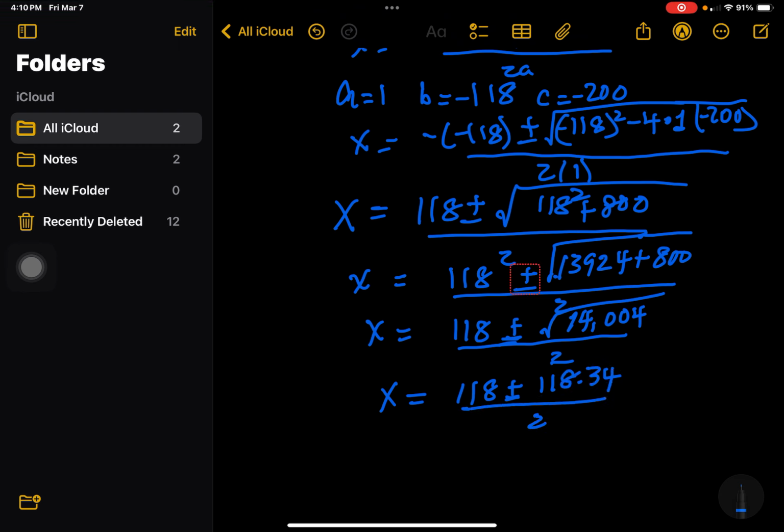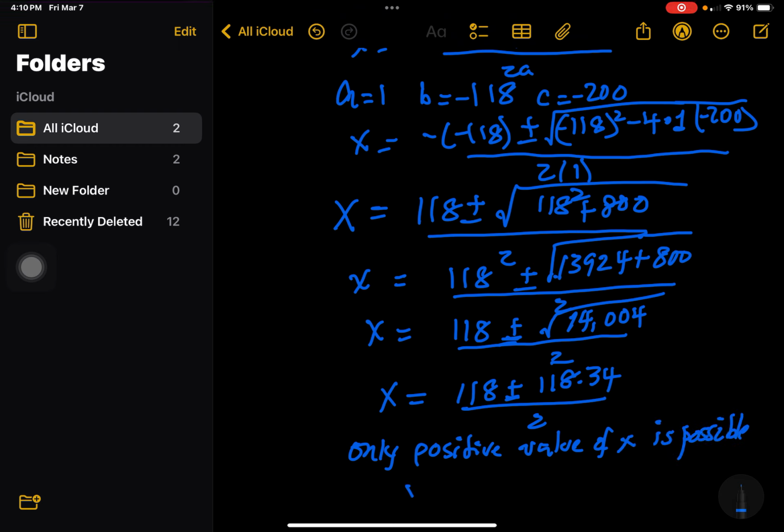Of course we will only take the positive value, so only positive value of x will be accepted.